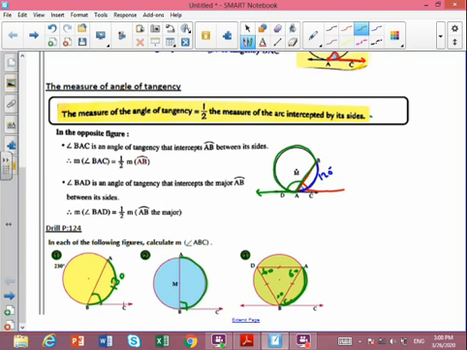But I don't have the measure of this arc. You remember the rule that says the inscribed angle subtended by the arc equals half its measure. So if this one is 60, the arc will be 120. So the angle of tangency will be half this arc, equal to 60 degrees.